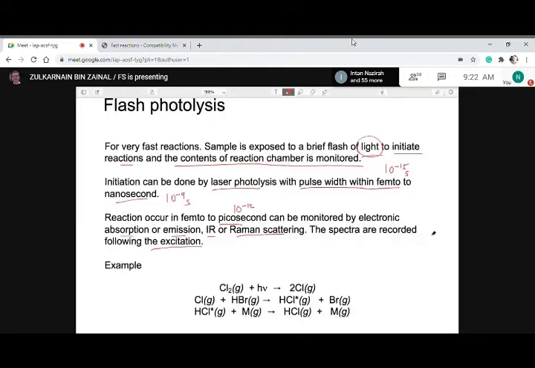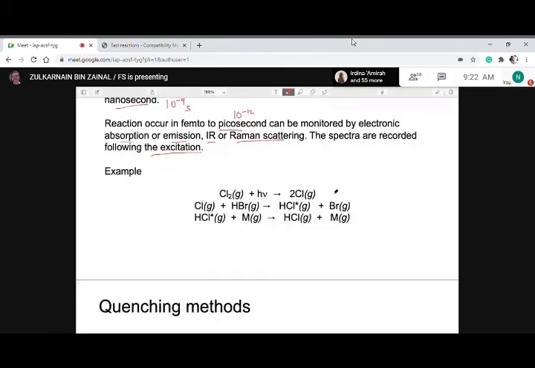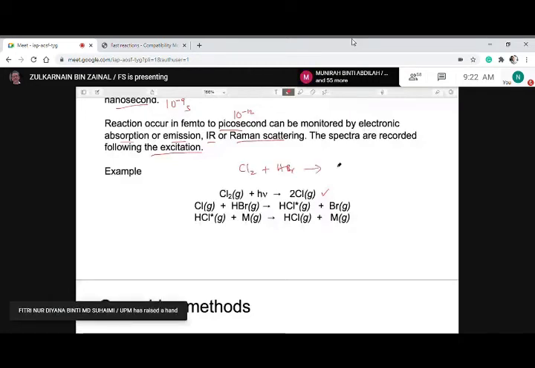So an example of this is the reaction of chlorine with HBr to form HCl, right? The reaction starts with a simple flash to chlorine.